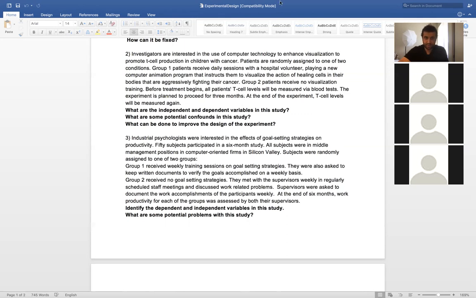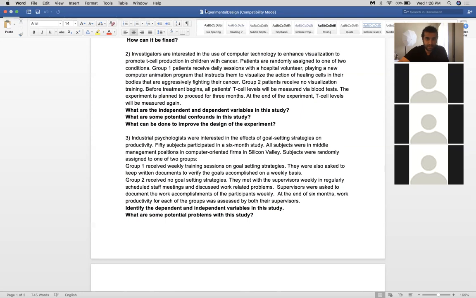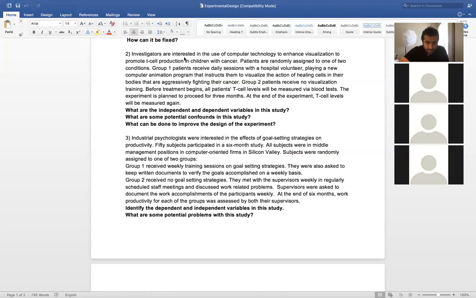Let me make some drawing just because I enjoy. So investigators are interested in the use of computer technology to enhance visualization to promote T cell production. So we are trying to measure that. So that's most likely going to be our dependent variable, right? So T cell production is going to be our dependent variable.